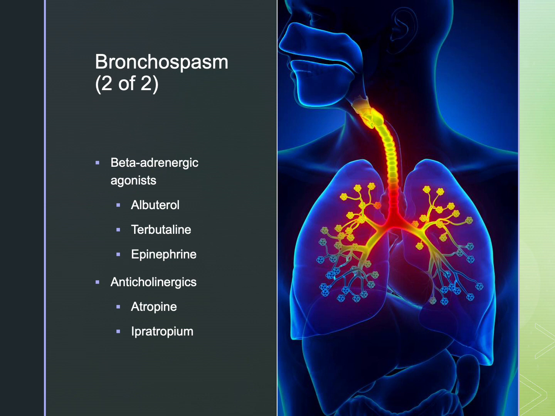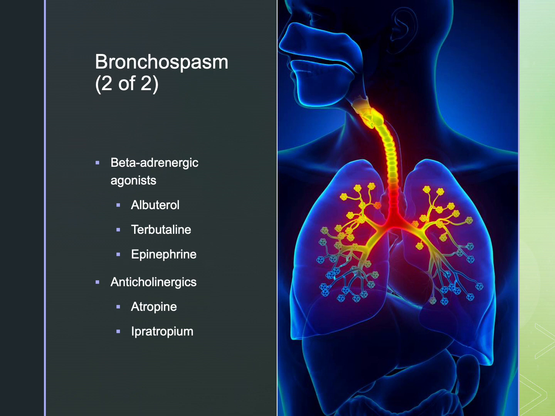A group of drugs called beta-adrenergics are particularly effective in treating bronchospasm, and some examples include albuterol, terbutaline, and epinephrine. And these drugs are either aerosolized and administered through the ET tube, or they are given subcutaneously.